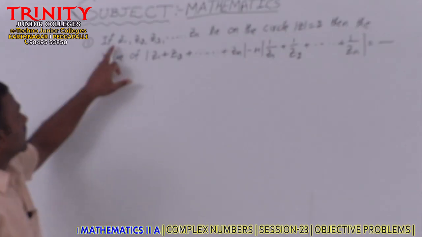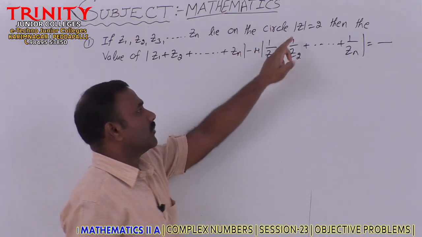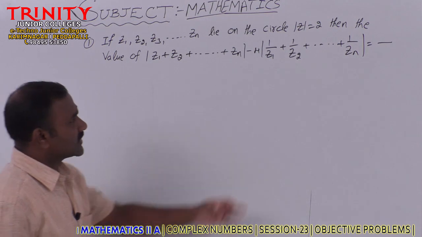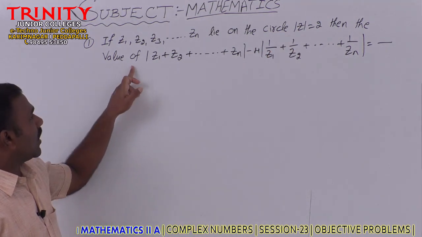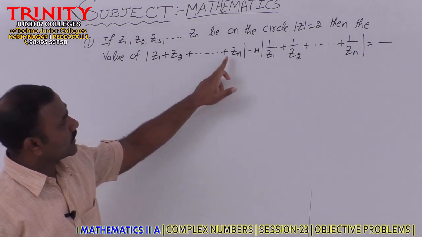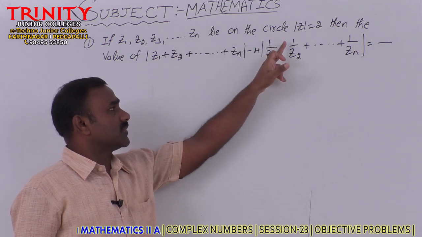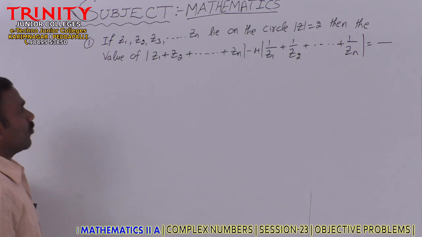It says that Z1, Z2, Z3 so on Zn lie on the circle mod Z is equal to 2. By using this condition, we have to calculate the value of mod Z1 plus Z2 plus so on plus Zn minus 4 into mod 1 by Z1 plus 1 by Z2 plus so on plus 1 by Zn. What is it?